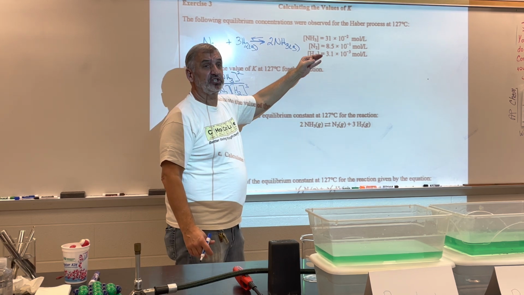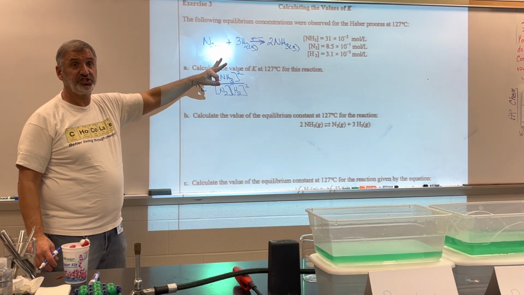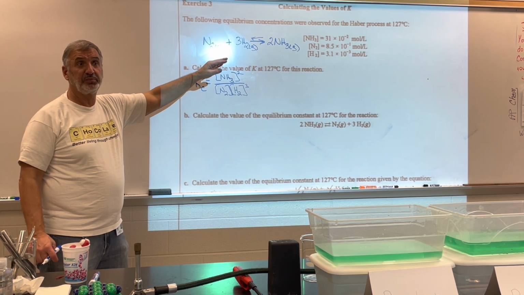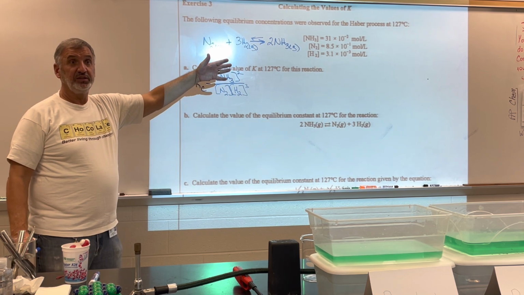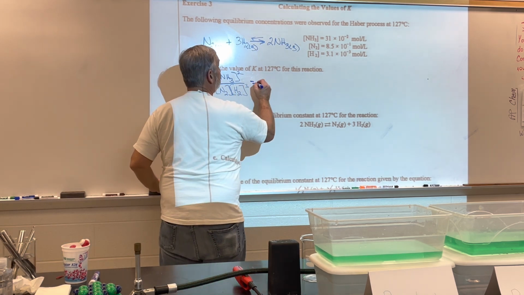So we're going to find that there are 3 ways to solve for K given concentration information. This is the first, the easiest, the one you'll probably never see, because it's just plug and chug. So we plug in NH3.